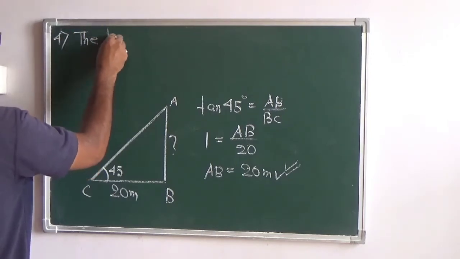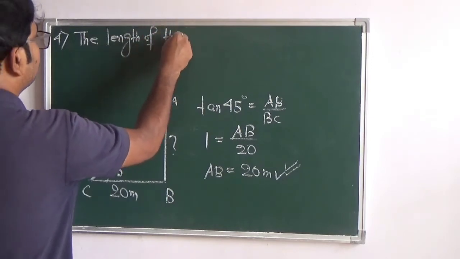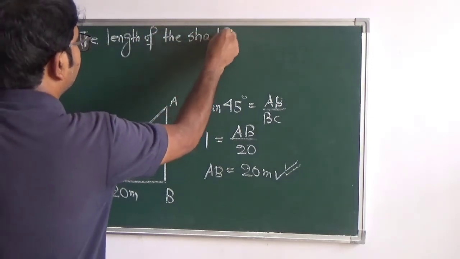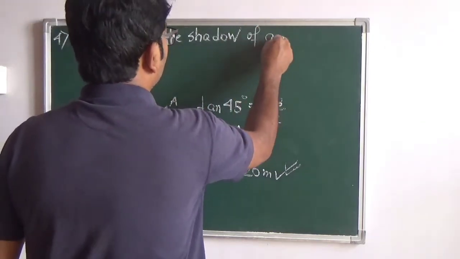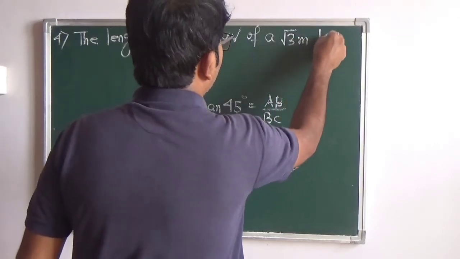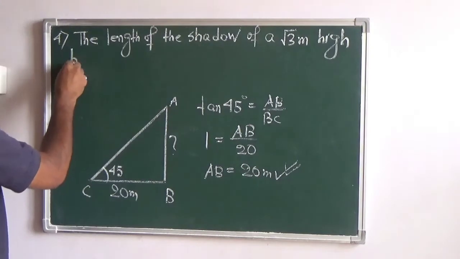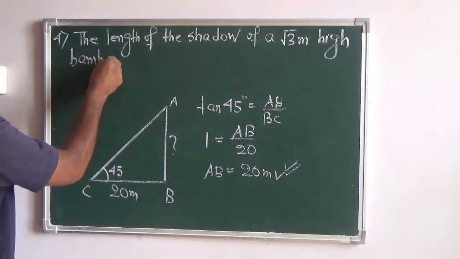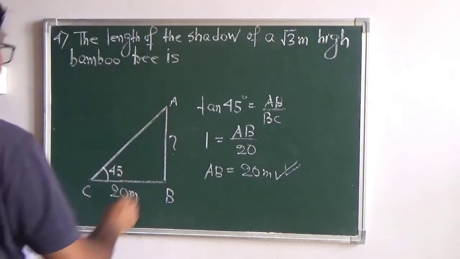The length of the shadow of a root 3 meter high bamboo tree is 3 meters.